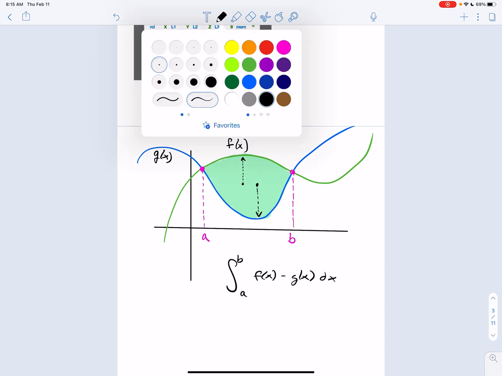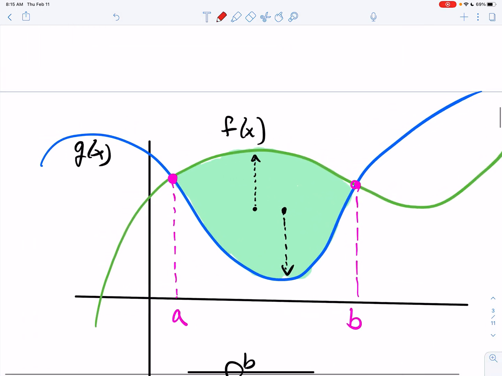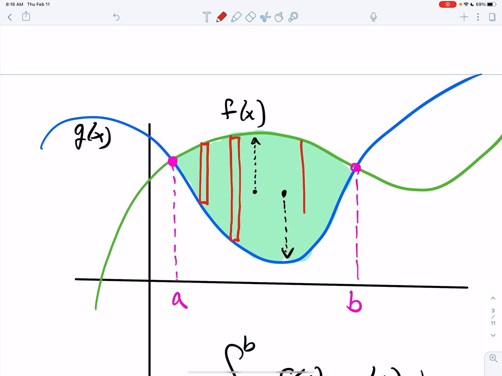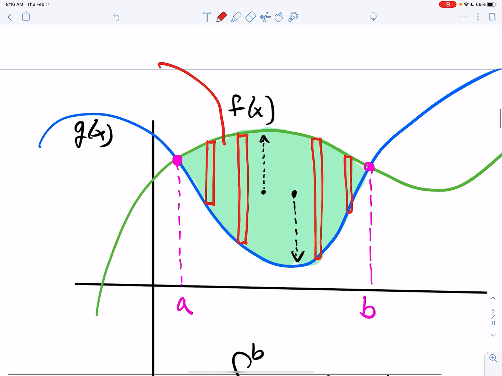You had a bunch of rectangles, and I'm not going to draw all of them, but notice how all of those rectangles vary in height. If you were to theoretically throw in an infinite amount of rectangles, you'd get that green shaded region.